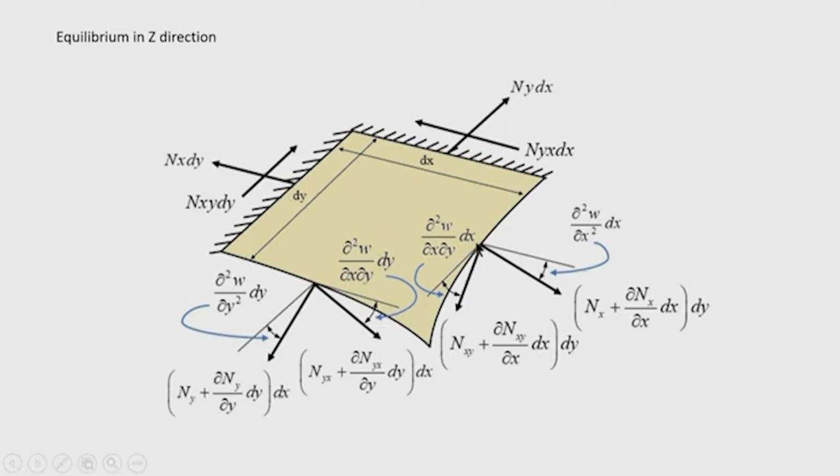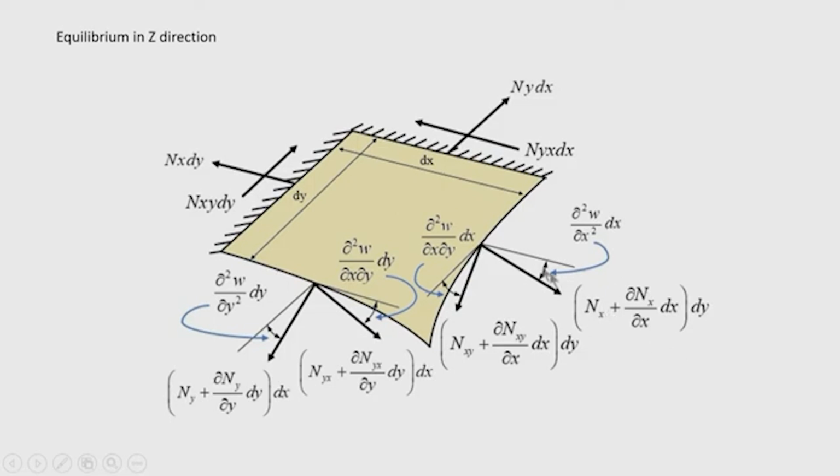Due to deflection of the plate, the slope will change and curvature will also be generated. So, with the increment of n x, I have written n x plus del n x by del x into dx into dy.